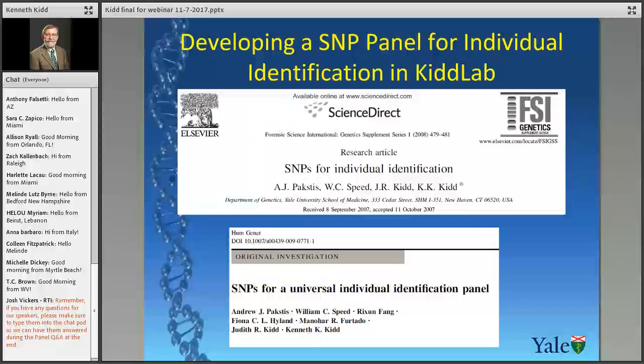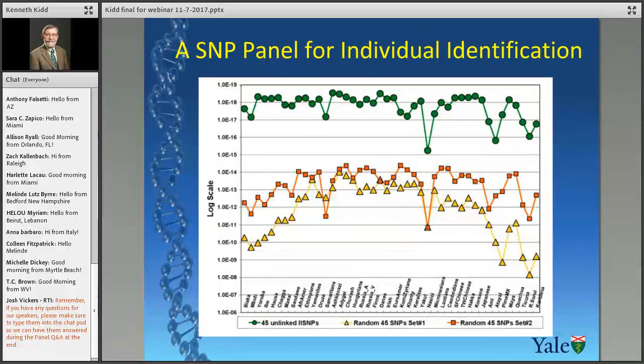Our lab started working on a panel that was discussed at that meeting in 2007 and later expanded, and a paper was published a couple of years later.